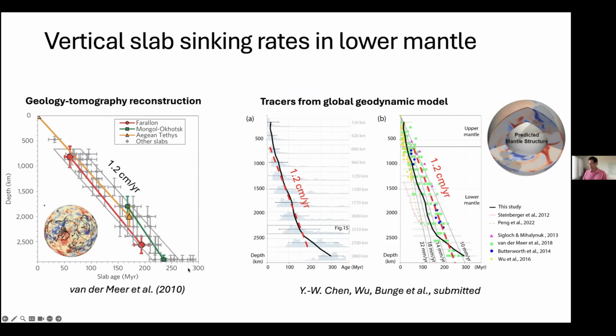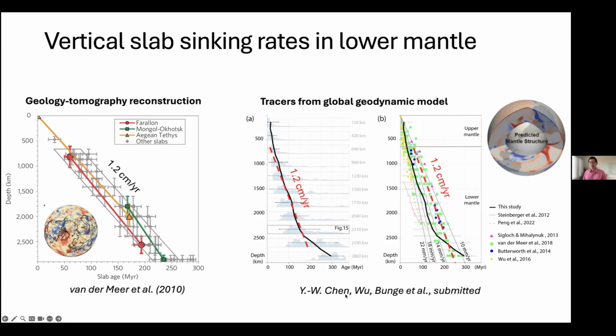On this axis is the subducted slab age. And you can see there's this nice relationship with depth and subduction age that projects to around 1.2 centimeters per year. There is, of course, some uncertainty, but generally things seem to fit at 1.2 centimeters a year.